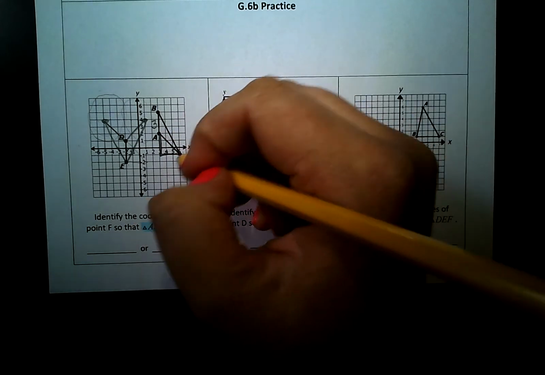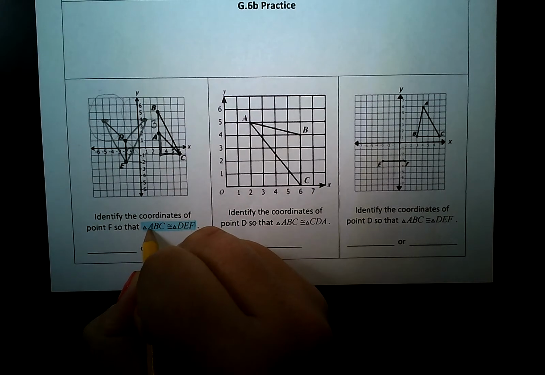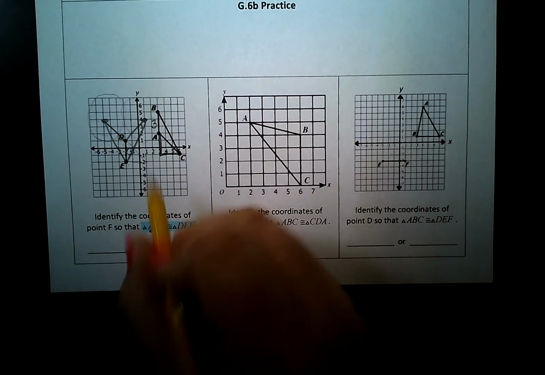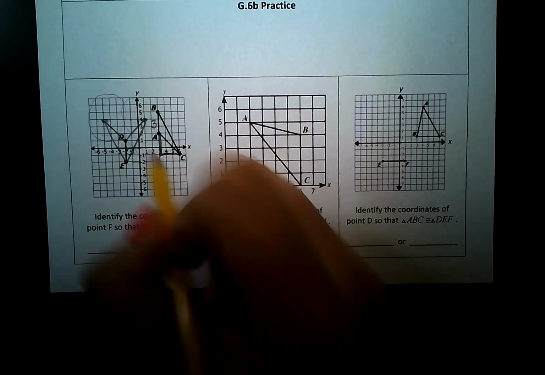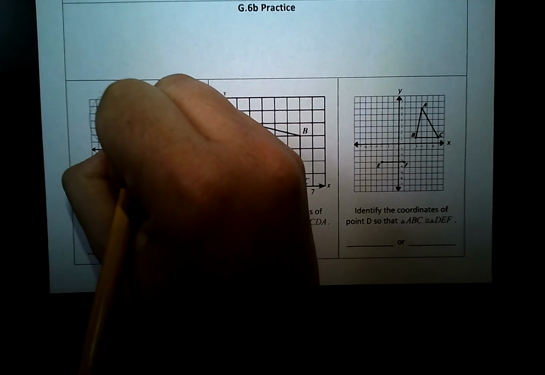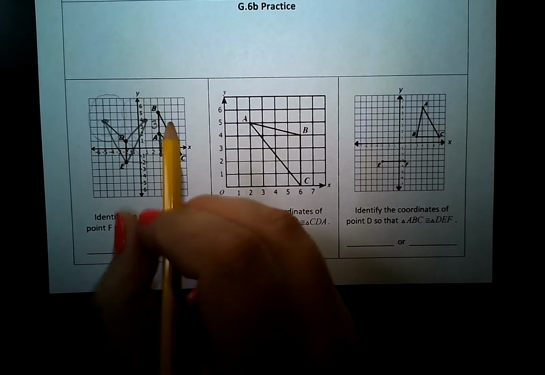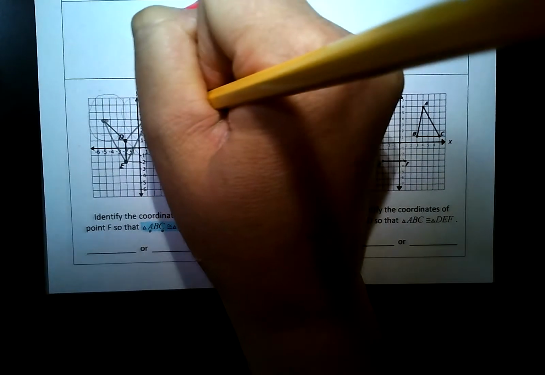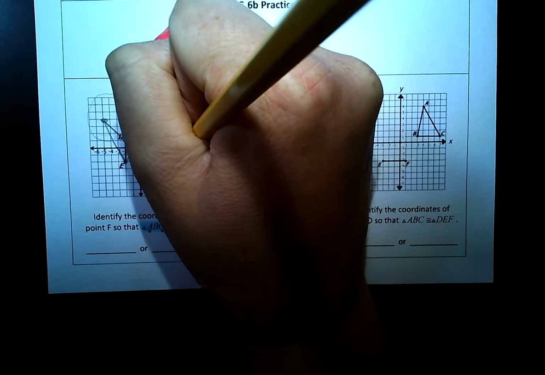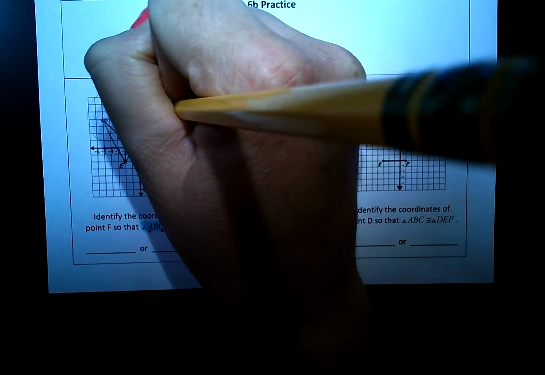Let's check out and make sure everything's a match. From A to C, so the first to the third letter, is a rise of 3, a run of 3. So from D to our point F would be a rise of 3, a run of 3, or over here also a rise of 3, a run of 3. Let's check from B to C. From B to C, it looks like a rise of 1, 2, 3, 4, 5, 6, and a run of 3.